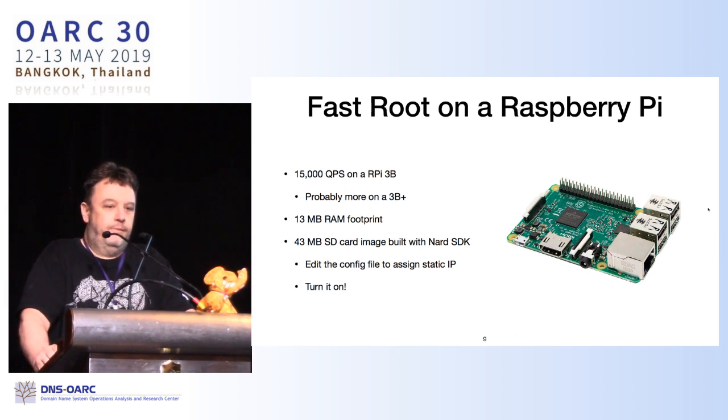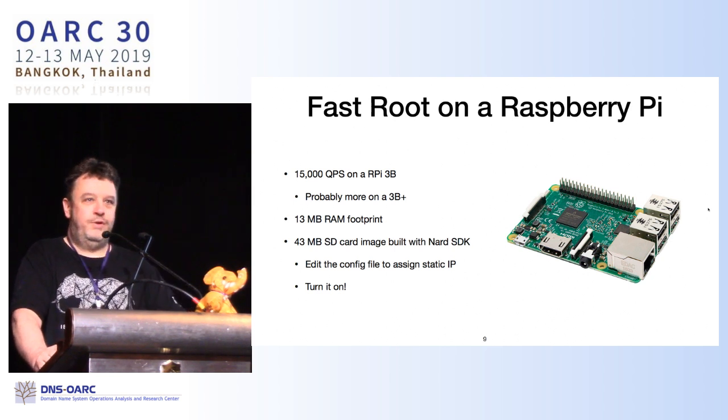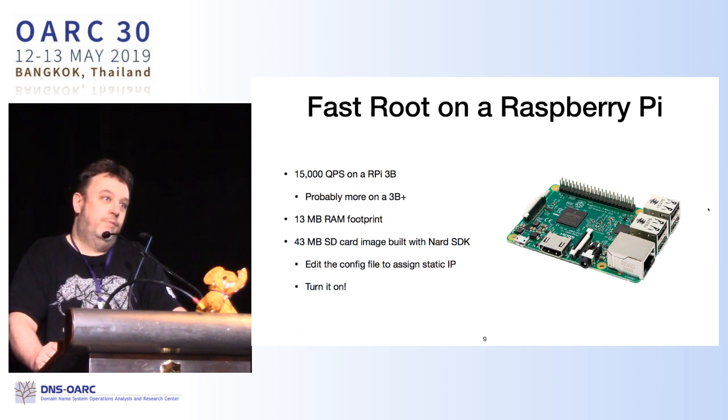And the whole distro is 43 megabytes. Loads of you do things like ADSB receivers with Raspberry Pis and their SD card images. It's not a 1.5 gigabyte Linux distro. It's a very, very lean and mean build system, resulting in a build of only 43 megabytes. That's all you need on the card.